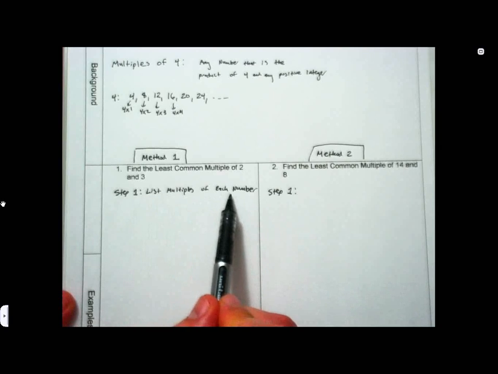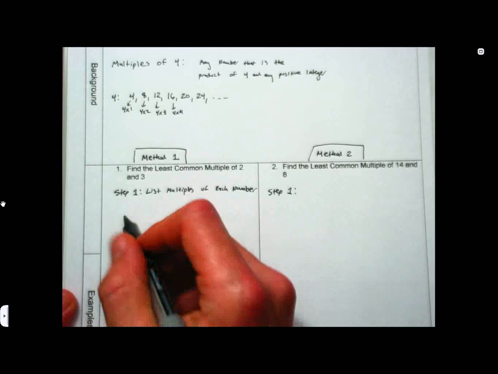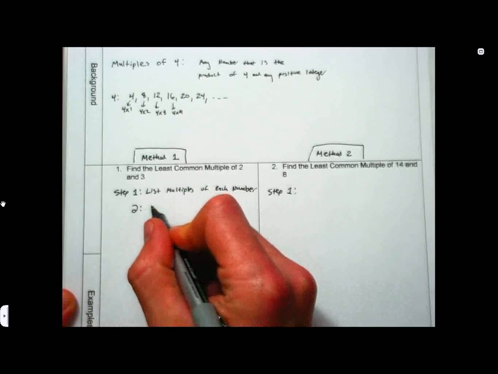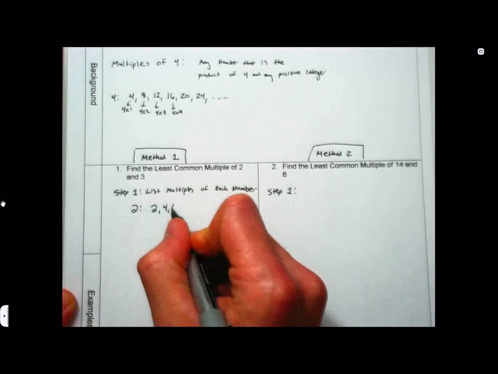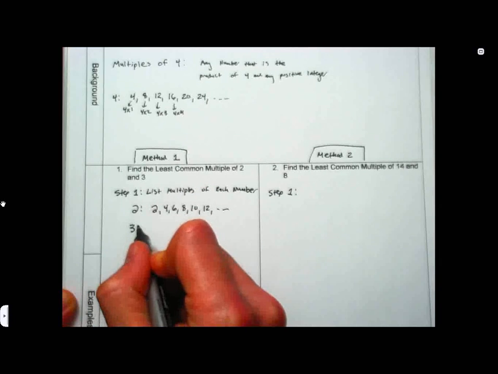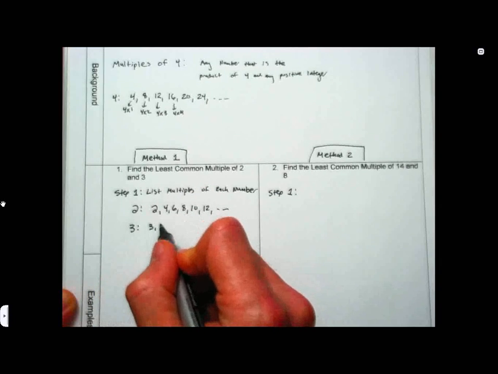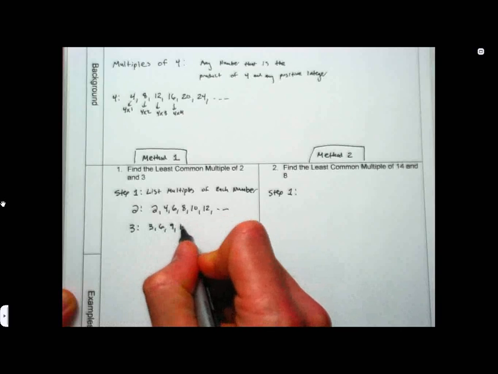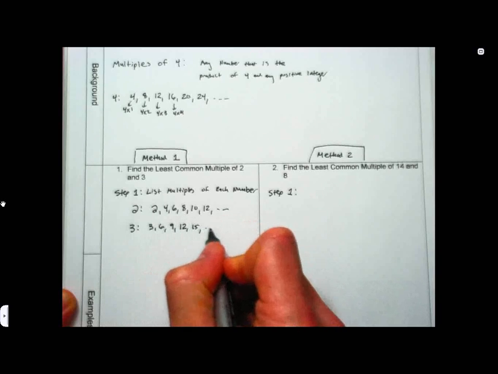If you're working with smaller numbers, my first step is to list the multiples of each number separately. The multiples of 2 are 2, 4, 6, 8, 10, 12, and so on. And the multiples of 3 are 3, 6, 9, 12, 15, and so on.